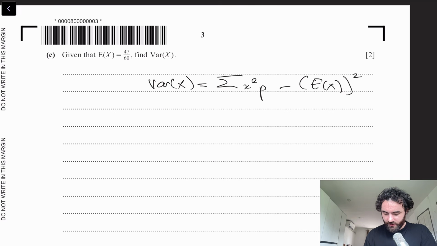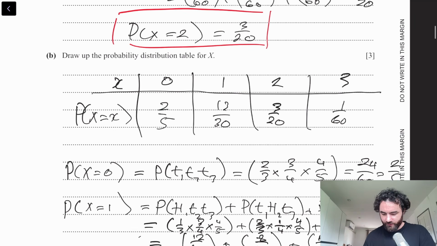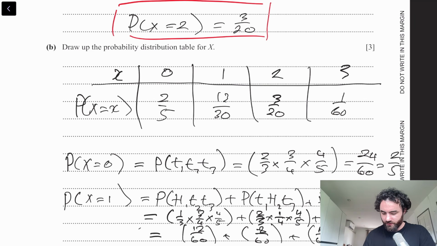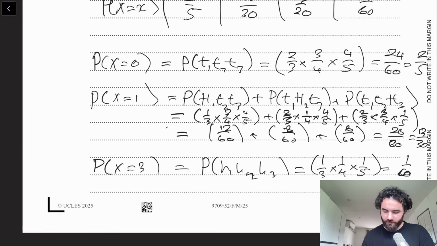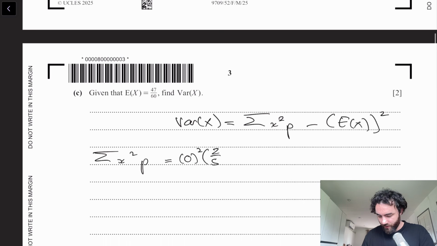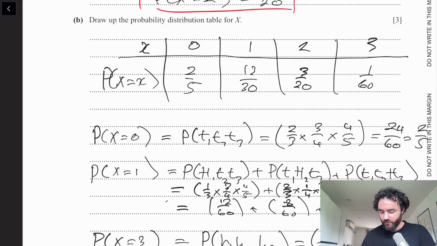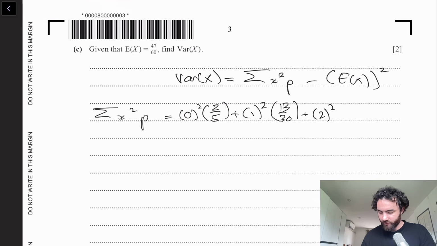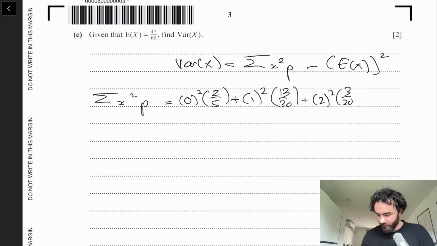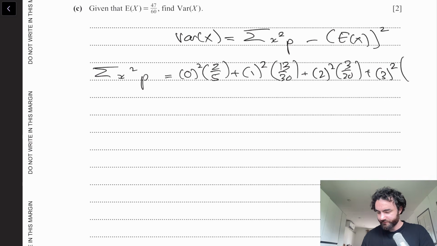So what is this thing here? Well, this is these things squared times these probabilities. So the first one will be 0 squared times 0, but I'll write it out, 2 over 5, plus 1 squared times the second probability will be 13 over 30, plus 2 squared times 3 over 20, and finally 3 squared times 1 over 60.